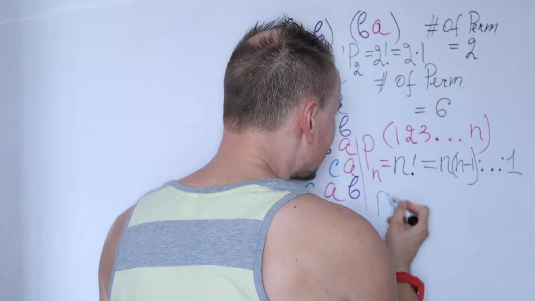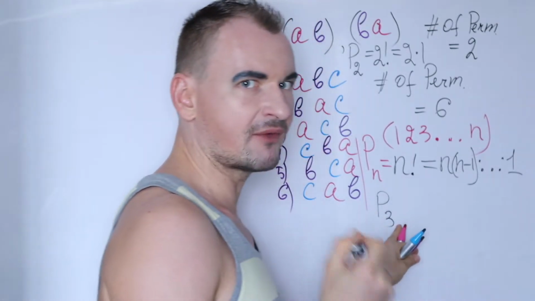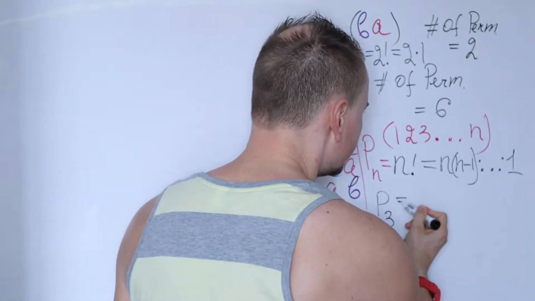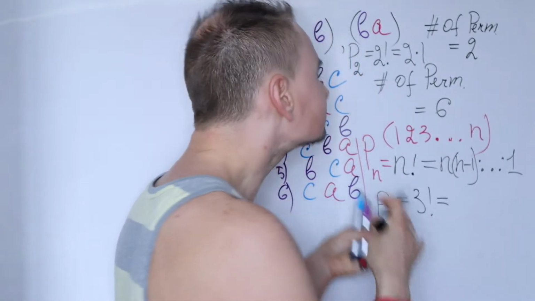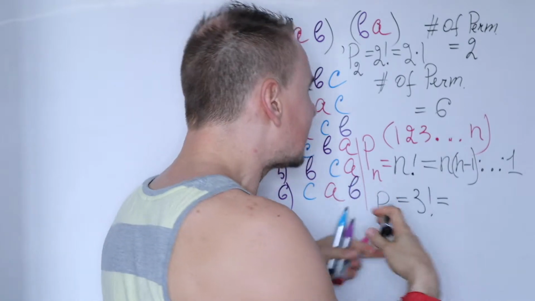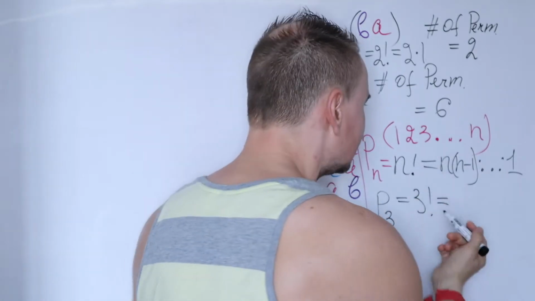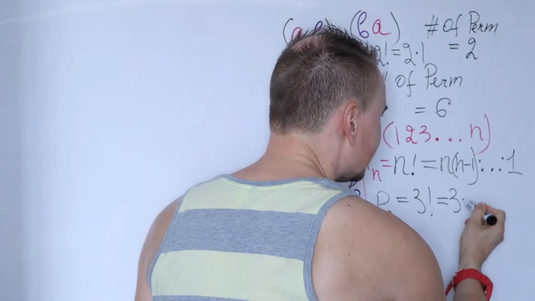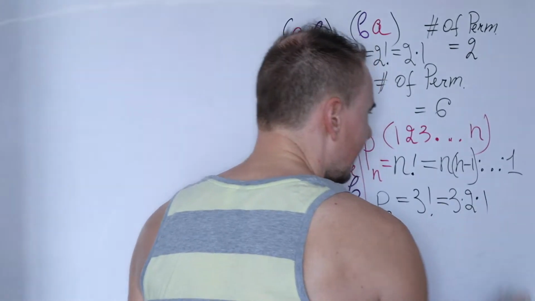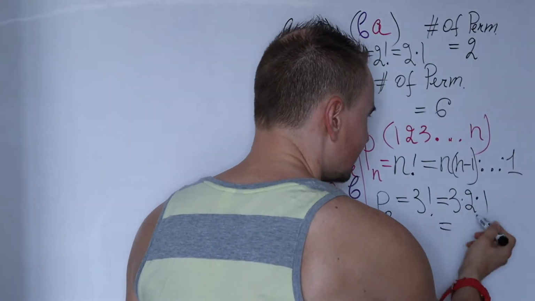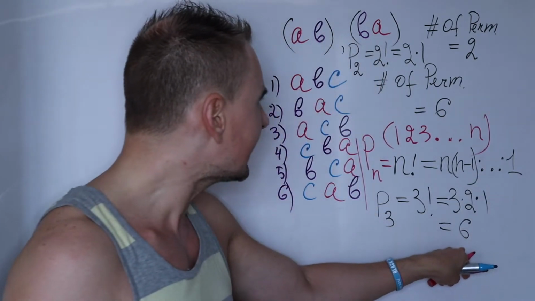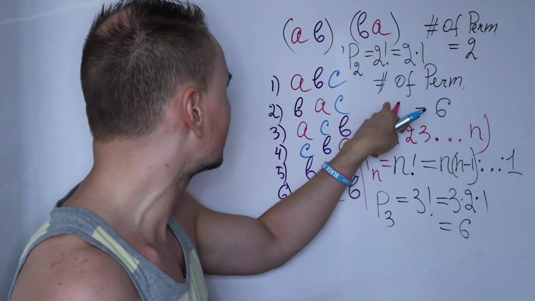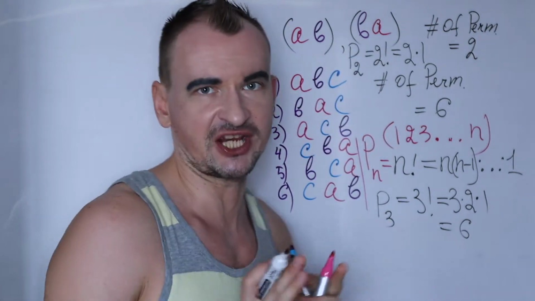Your n is equal to 3, obviously. So all you need to do is take 3 factorial and spell it out. So it becomes 3 times 2 times 1. So 3 times 2 gives you 6, so you could simply ignore the 1. And again, this formula works for the second example.